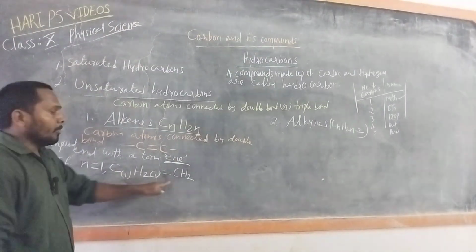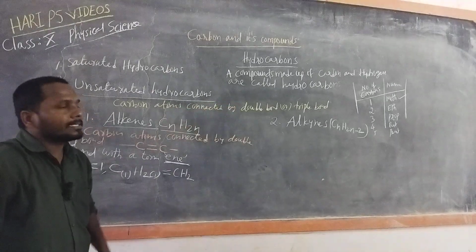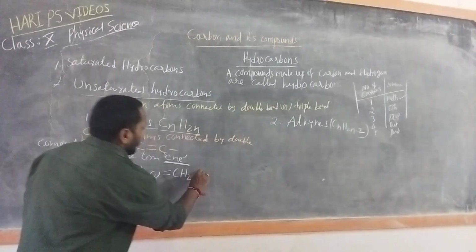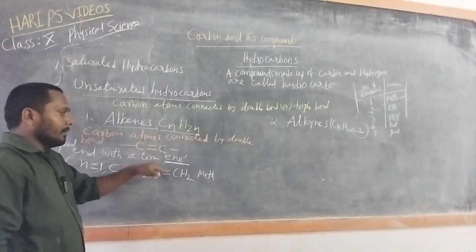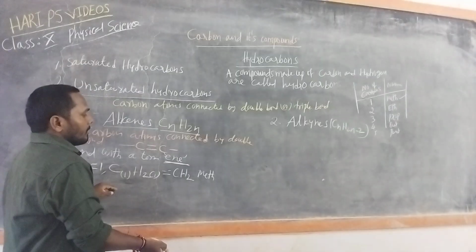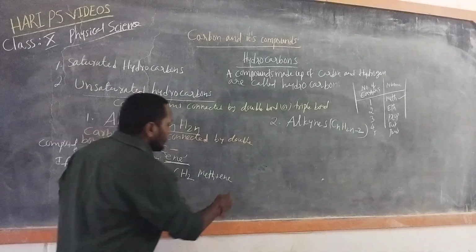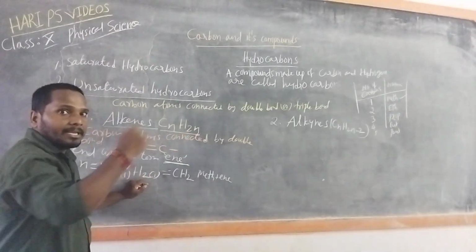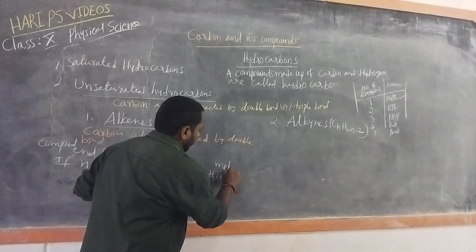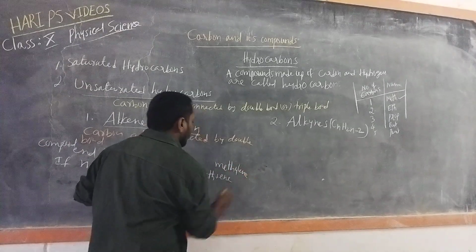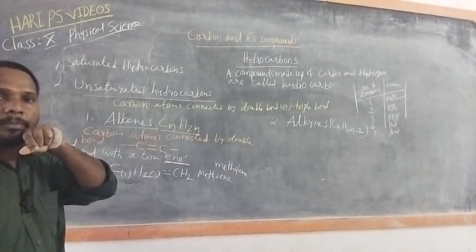Only one carbon atom, we call it meth, plus double bond, then we can write methene, or methylene. We will discuss later about this methylene or methyl.